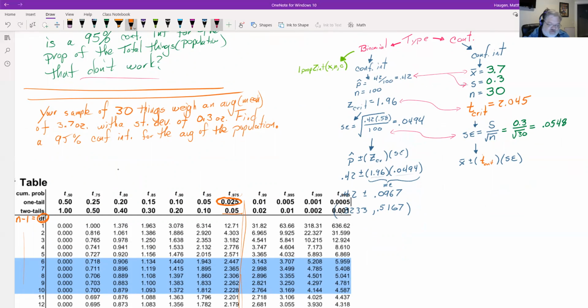So now we have all our pieces. Our X bar is the 3.7 plus or minus our t-score, 2.045, times our standard error, 0.0548.